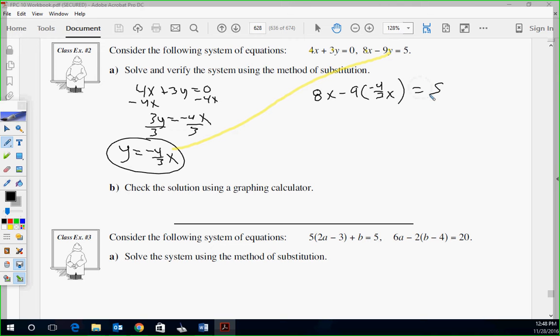Everybody okay with that? See how it's a minus 9? Treat that as a negative 9. So what's negative 9 times a negative 4? Positive 36. And what's 36 divided by 3? 12. Is everybody okay with that? No more fractions.